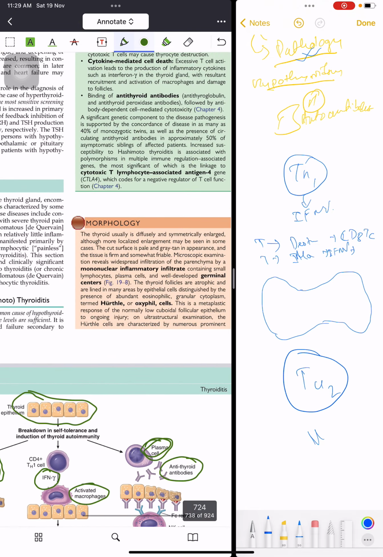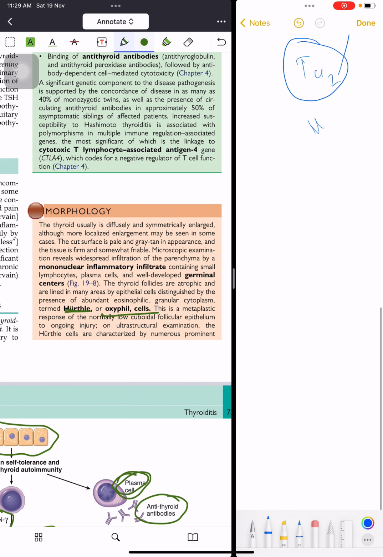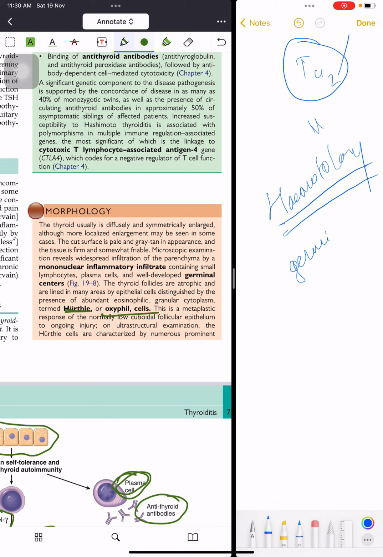When we come to morphology, oxyphil cells and Hürthle cells should not be missed. Remember, you have that idea from your hematology section, that whenever there was damage caused by lymphocytes and macrophages, there would be a presence of germinal centers, and germinal centers are also seen in this case, because it is all because of the inflammatory infiltrates.